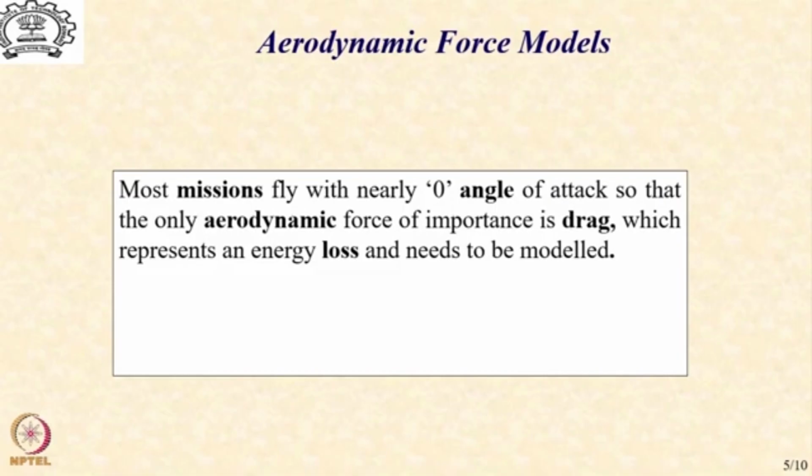An important point which comes out strongly is the fact that most launch vehicles fly with zero angle of attack through the atmosphere so that the aerodynamic forces are kept to a minimum, because aerodynamic forces represent energy loss and we would like the mission to be as efficient as possible.